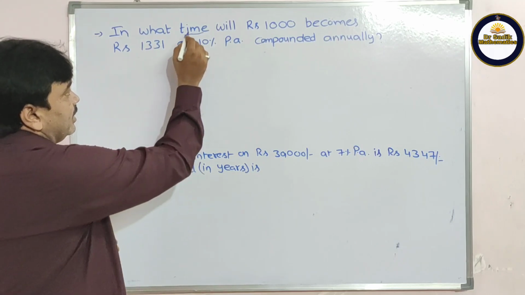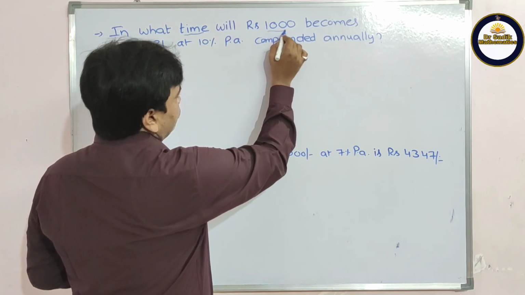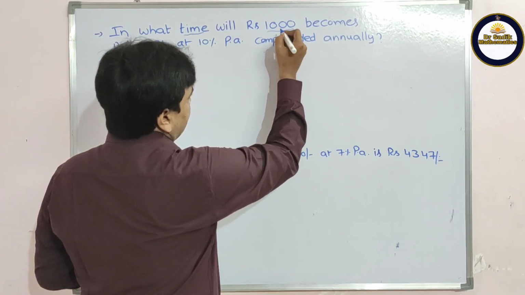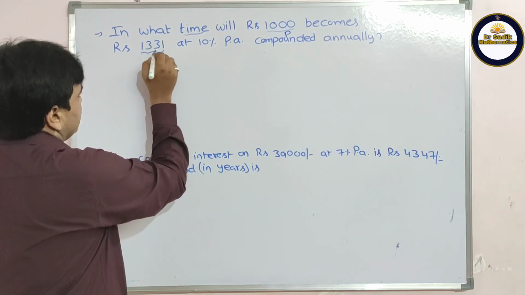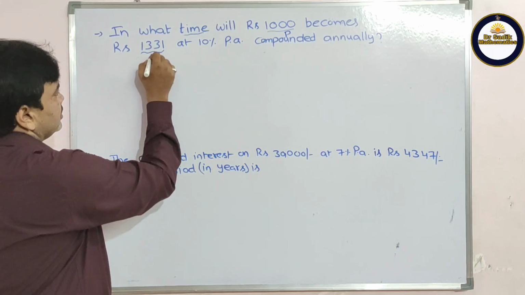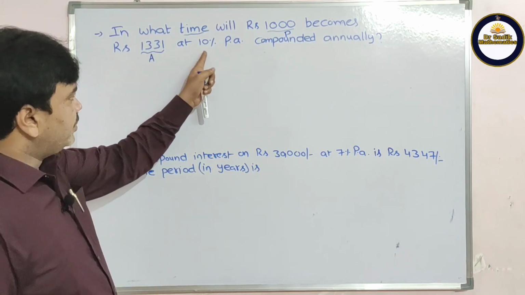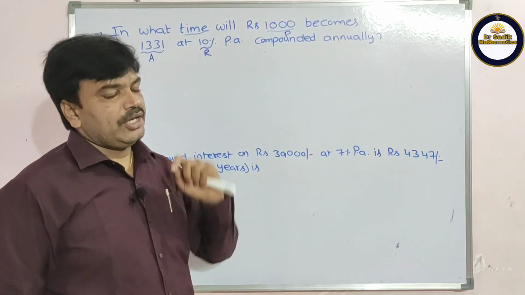For finding the number of years, the given data is rupees 1000, friends, that means it is P. It becomes rupees 1331, which is the amount A. At 10%, given R, compounded annually.